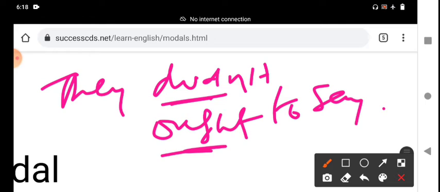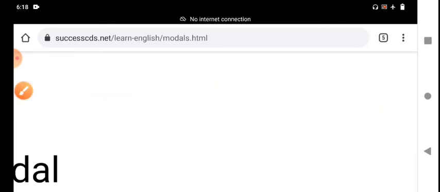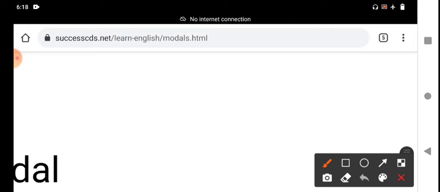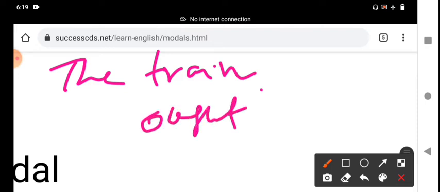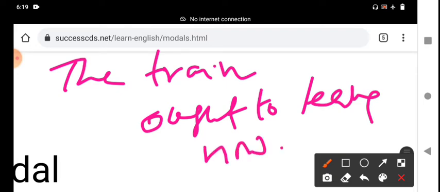We should understand that. For clear understanding, what is the difference between the pure modals and semi-modals? The train ought to leave now.